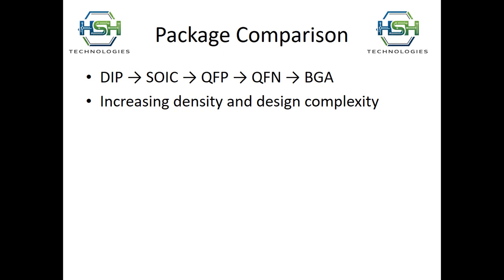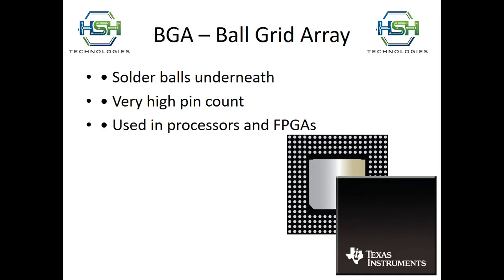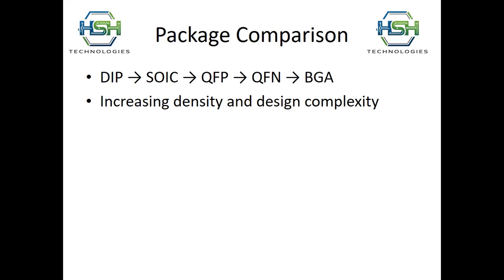QFP has high pin count with visible leads, but QFN offers excellent performance and compact size but requires more advanced skill. So the BGA provides highest density and performance, but it requires professional manufacturing, because when we see this one, it's not easy. How can I say a beginner can solder this one? No, it's impossible.